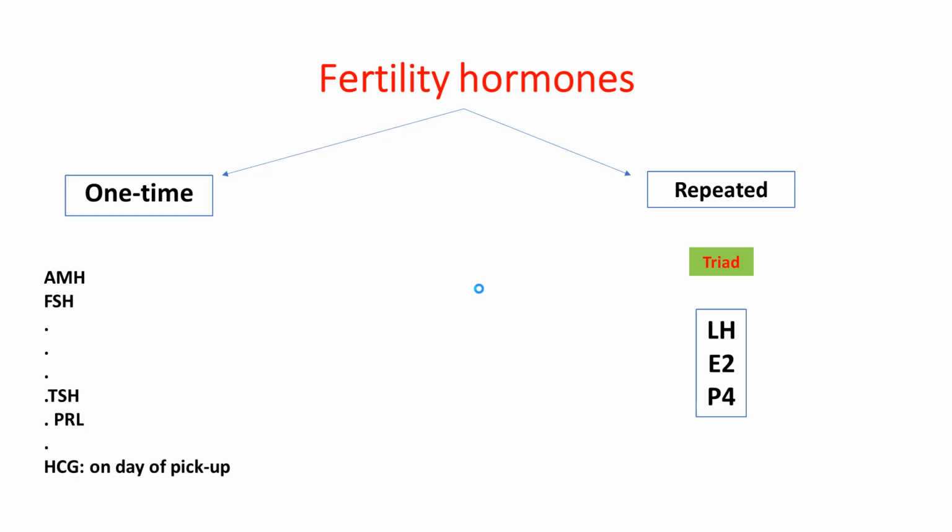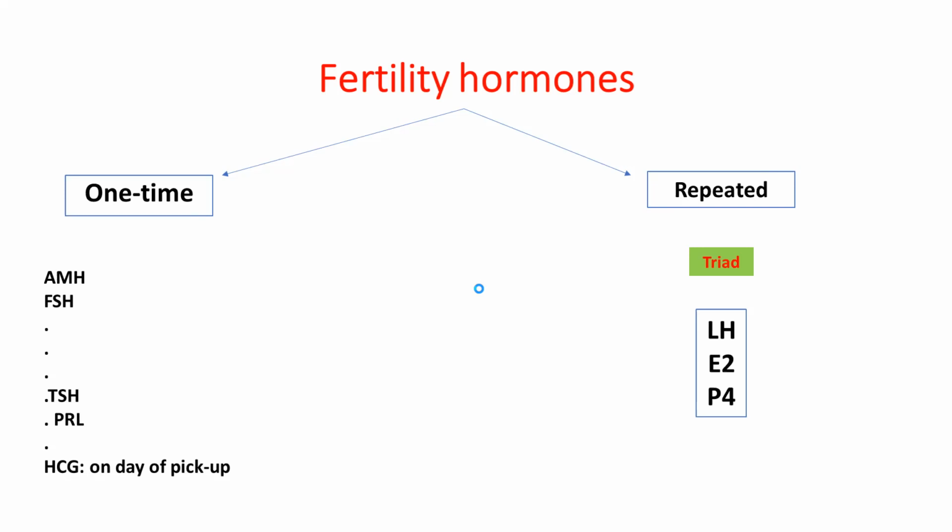Also, TSH and prolactin may be requested in some cases or in most cases of infertility, particularly those subjected to ART. And HCG is requested on the day of ovum pickup if you suspect that the patient has empty follicle syndrome or is liable to have it.